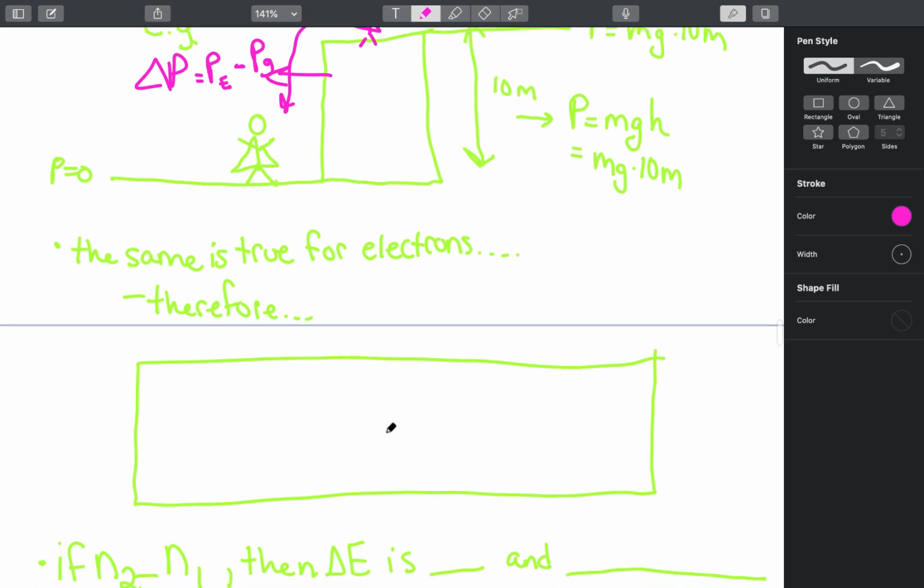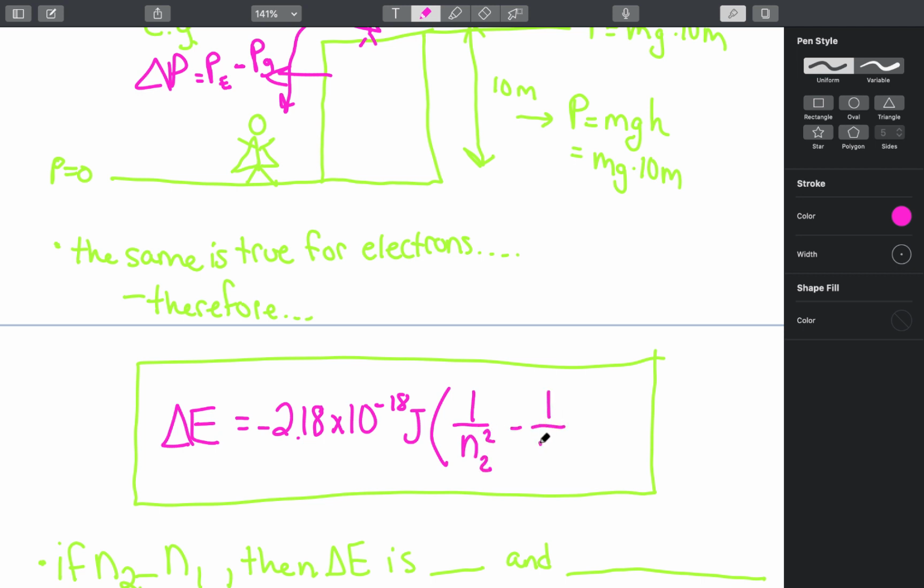Therefore, Niels Bohr came up with this equation, that the difference between the two energy levels is equal to negative 2.18 times 10 to the negative 18 joules times 1 over n2 squared minus 1 over n1 squared.